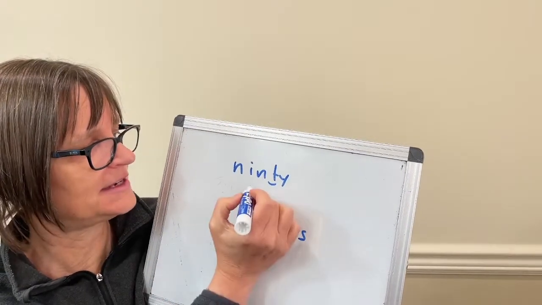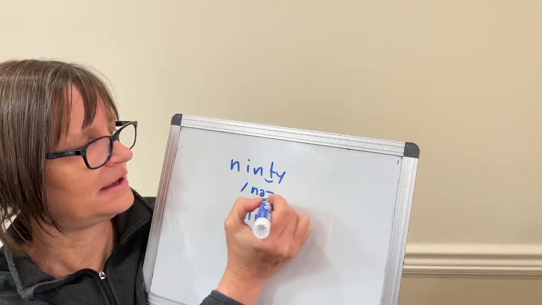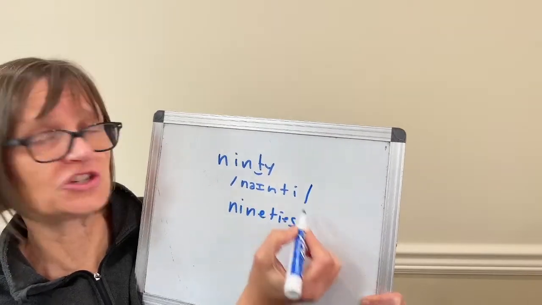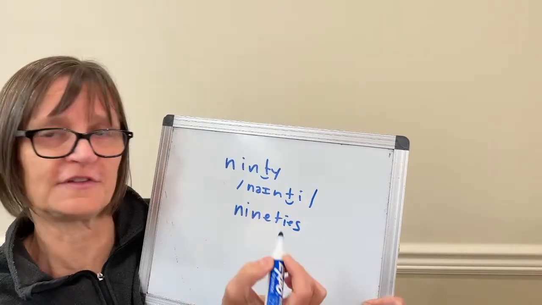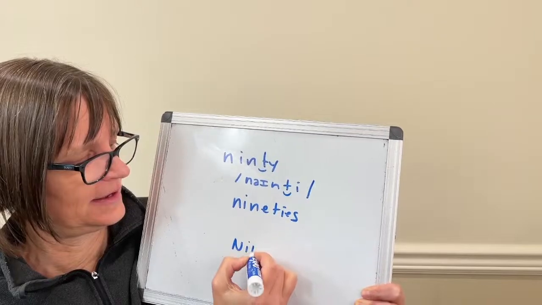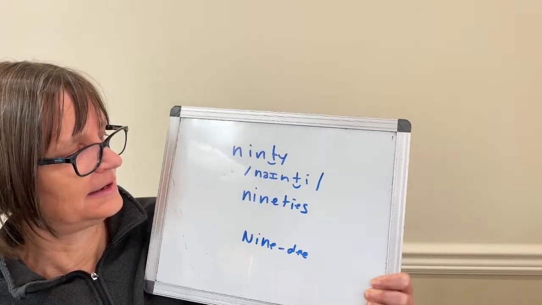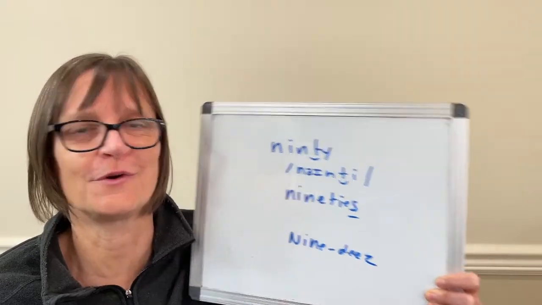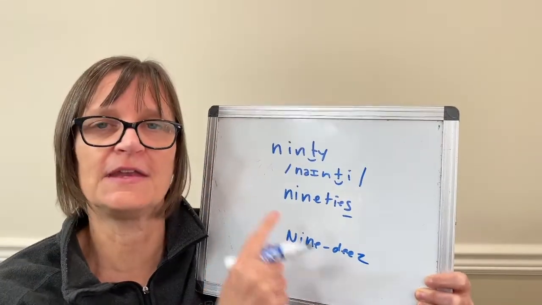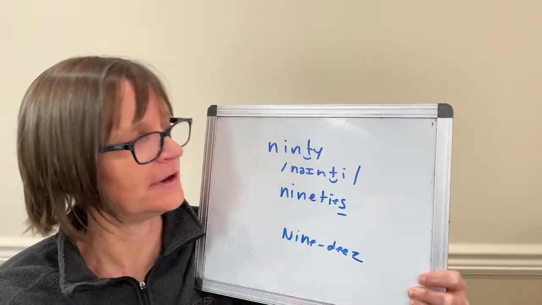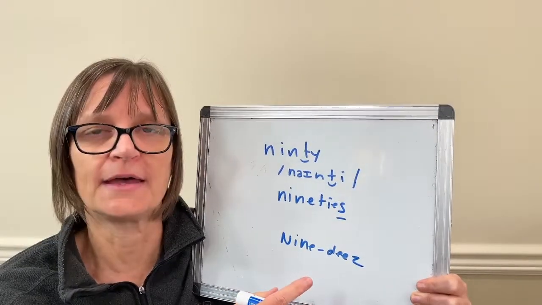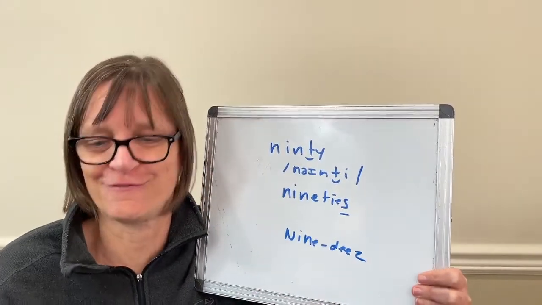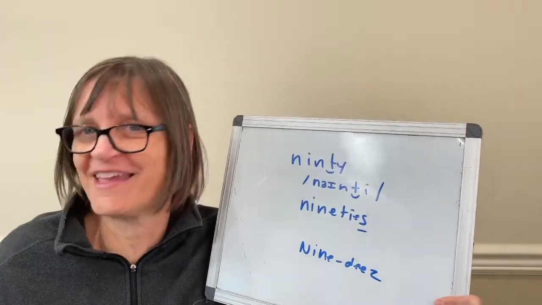So the I diphthong, 9. You'll see it in the dictionary with the T, but it is a flap, so it sounds more like 90 and 90s. Final Z sound for the 90s. So back in the 90s in Seattle, grunge was popular, and my grandma was over 90 years old by the end of her life.